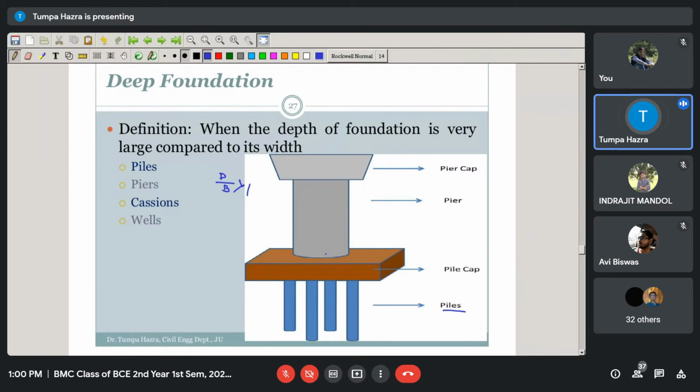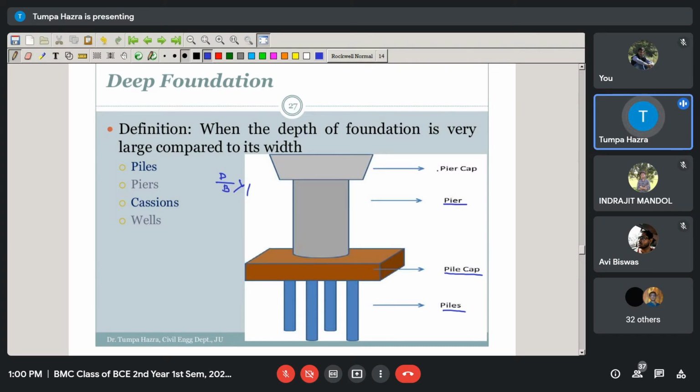Okay, and if it is required to support the load of a particular pier, if more than one pile is required, then above that number of piles a cap is constructed, known as pile cap, and above the pile cap the pier is constructed.